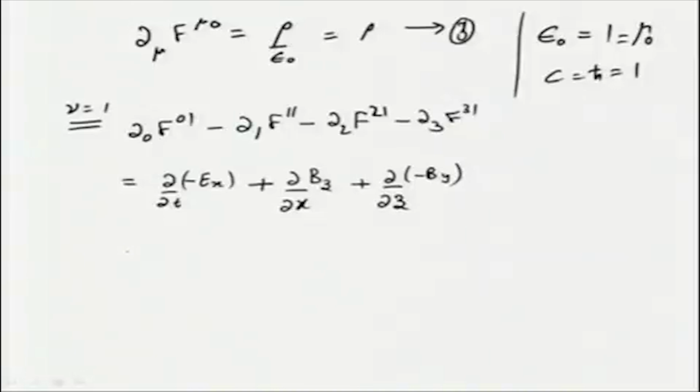Right. Now this is equal to minus dou by dou t of E x plus dou by dou y of B z minus dou by dou z of B y.